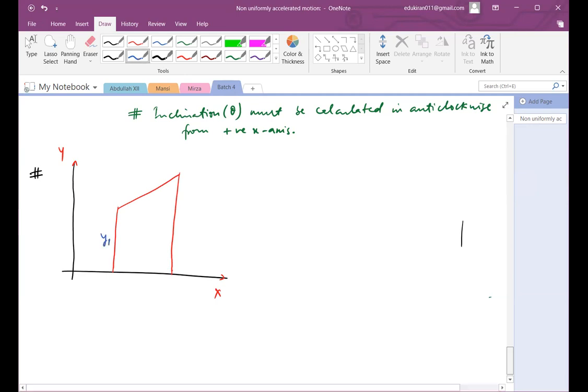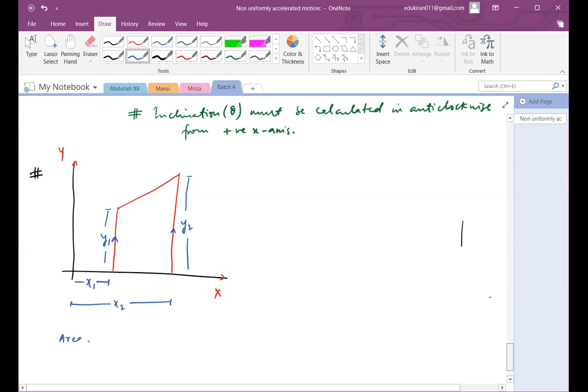So the coordinates would be y1, y2, x1, and x2. This line and this line will be parallel.